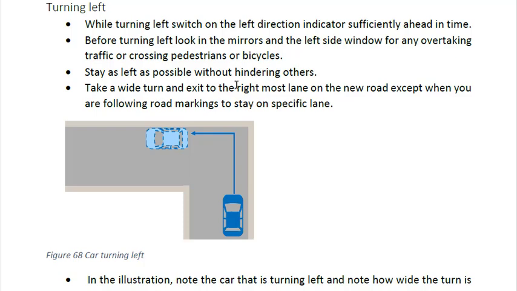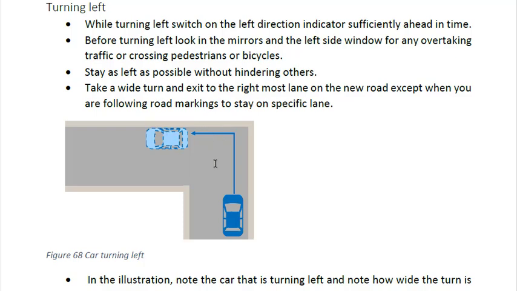The left turn is always a wide turn, unlike the right turn, which is a short turn. When you take a left turn, it has to be a big turn, and you exit on the rightmost lane on the new road. Here you are taking a left turn, and then you exit on the rightmost lane.